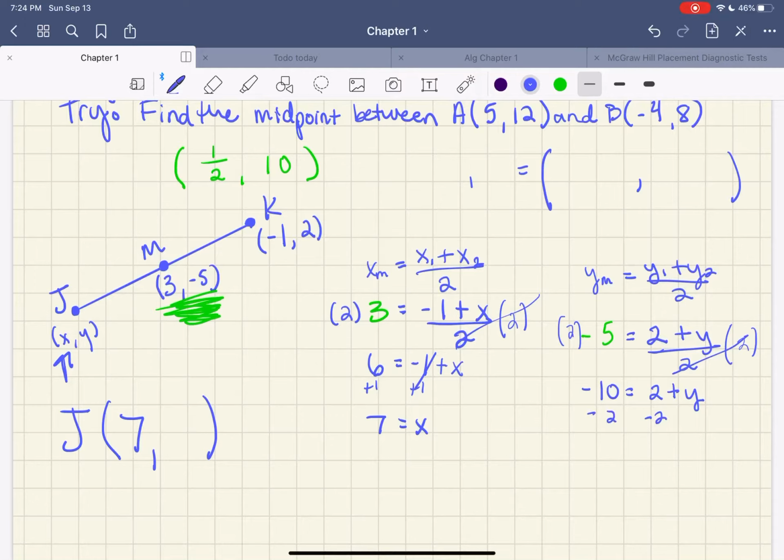Just a quick solve. I get -12 equals y. And that is going to be the y value for my other endpoint. There is my answer. That's all. No problems.